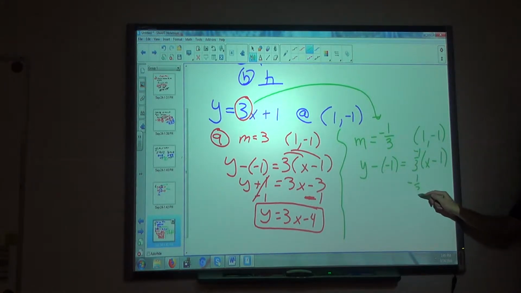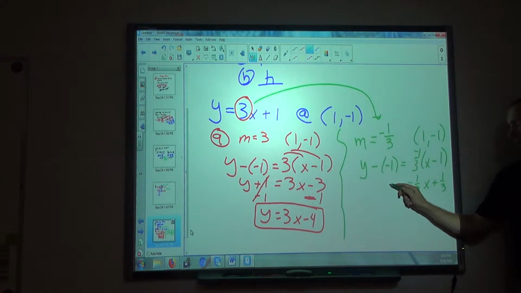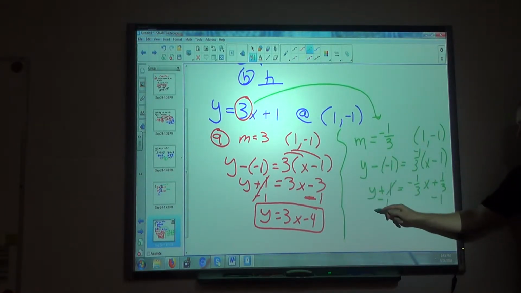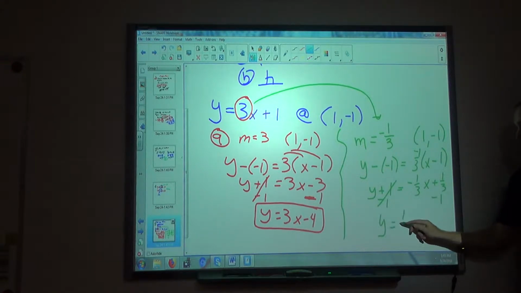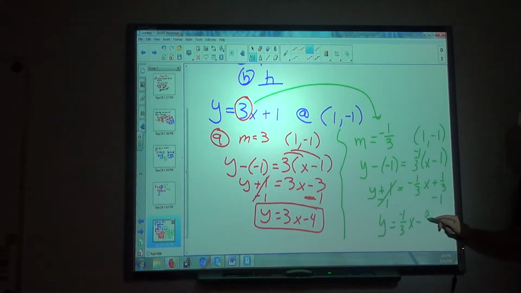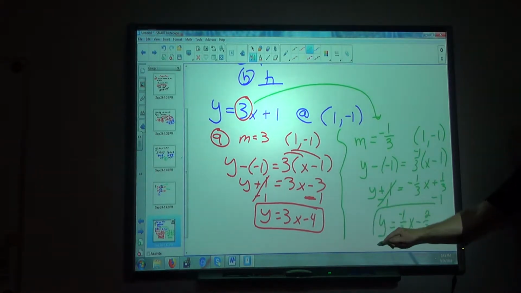So negative 1/3 x plus 1/3. And then a 1 here plus a y. Minus the 1 over. Y equals negative 1/3 x minus 2/3.